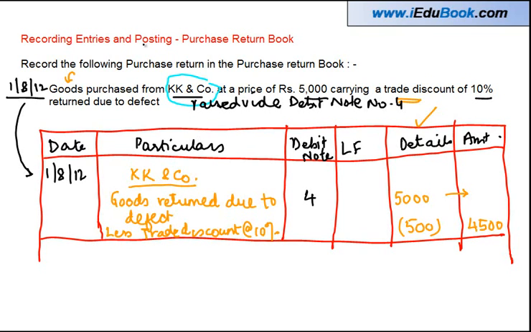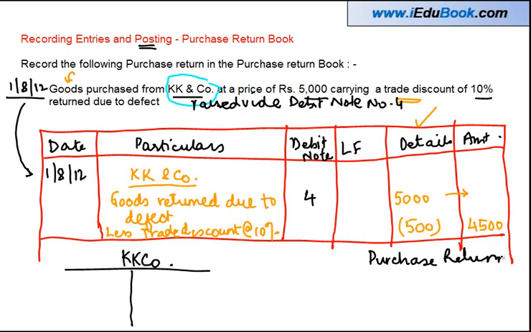Now if you have to do the posting, the entry is like this only, simple, just like the way you had in the purchase book. Now there will be two ledgers which will be impacted in this case, one of KK and Company and the second will be purchase return, right? So you will write the date, okay, the amount which is the net amount over here will go and stand credited here.